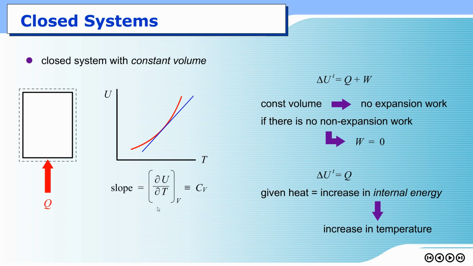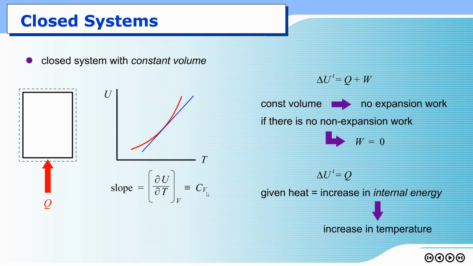We can define the slope mathematically. It is the differential of u with respect to the differential of T. We define this to be called heat capacity at constant volume, CV.